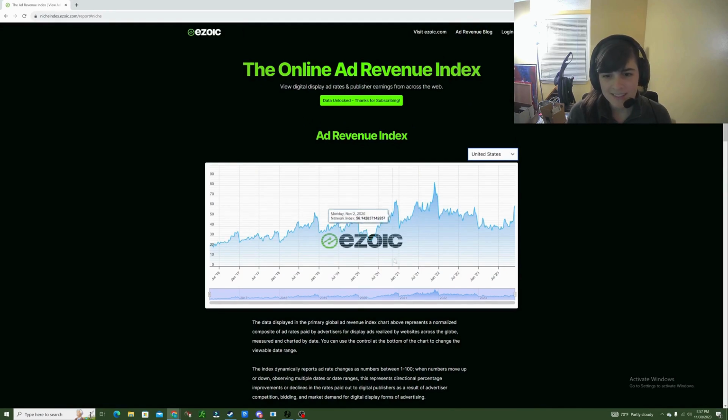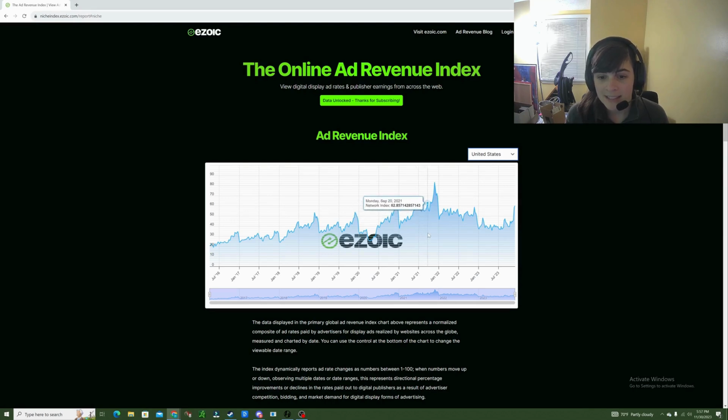What this does is give you a reference as to what is going on in the ad space right now. You can see that every year towards the end of the year, ad rates go up and then come back down. That's because of the holiday season. There's a lot of ad spending revenue going on in the holiday season.